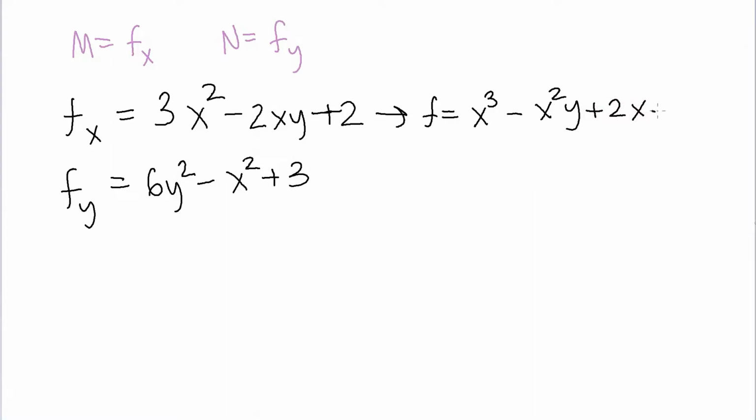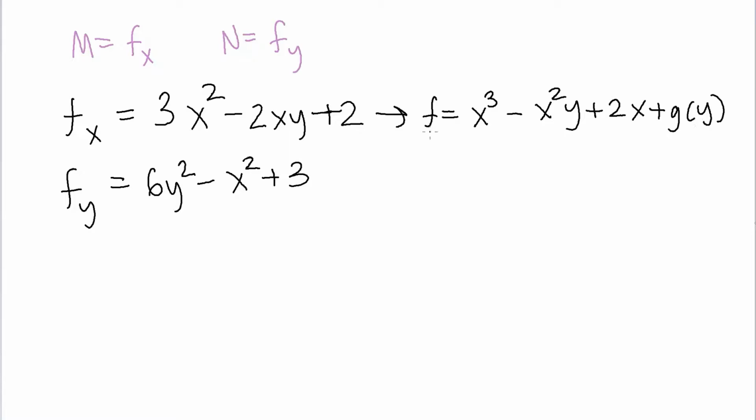And you also want to have some function g of y. This is because when you take the derivative of g of y in terms of x, going the opposite direction, you end up with 0. So we need to have this arbitrary y function right here to balance things out.